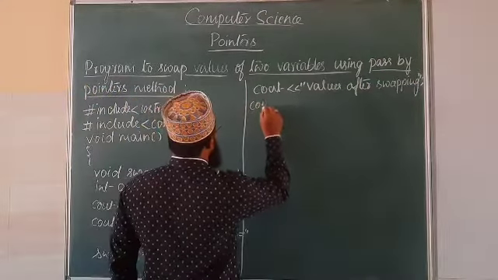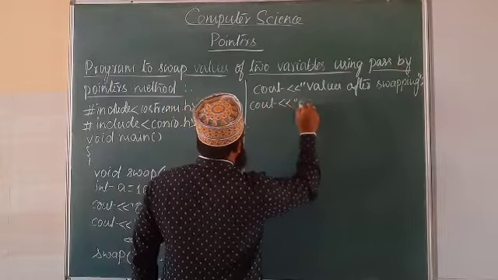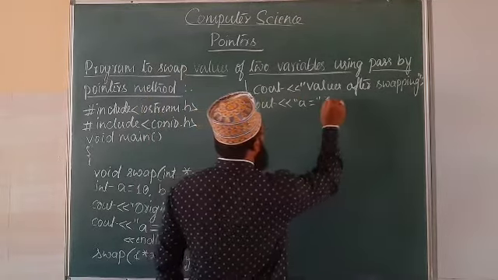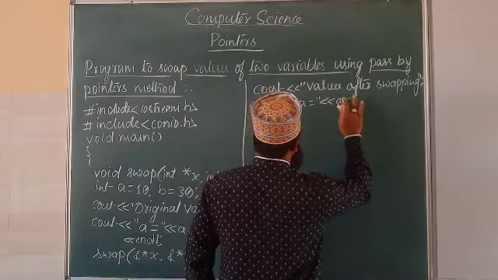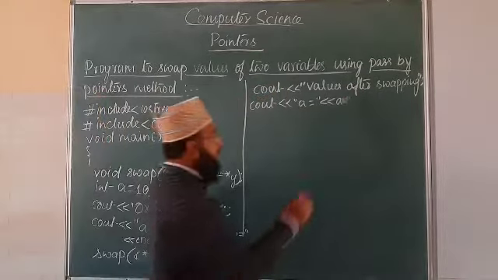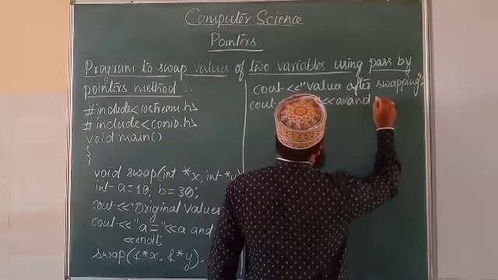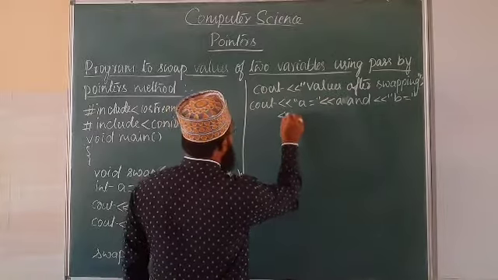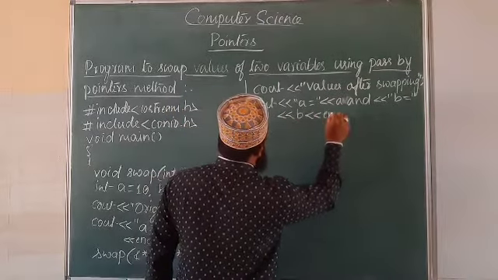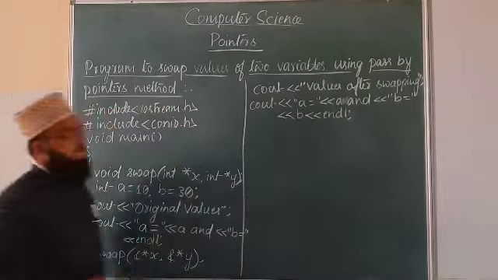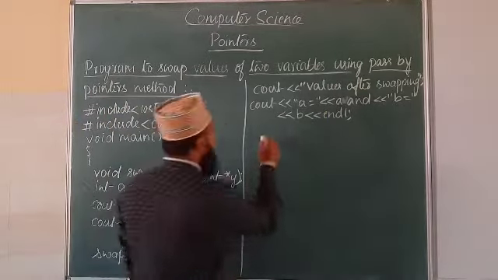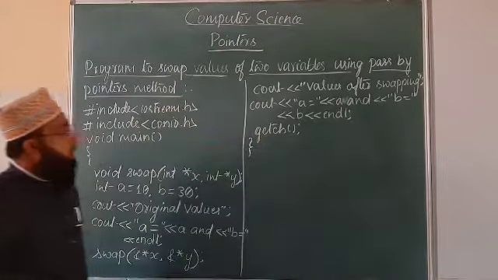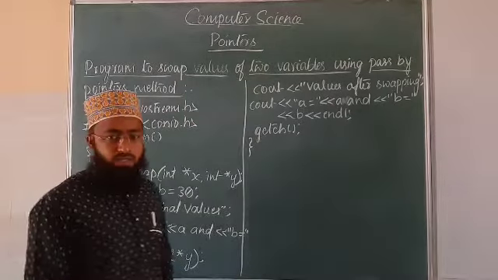Now cout value of A is, this is for output, then for input A, and value of B equals, then B. After that endl to come to the next line. Here the main working has completed. The main working of the program is completed.